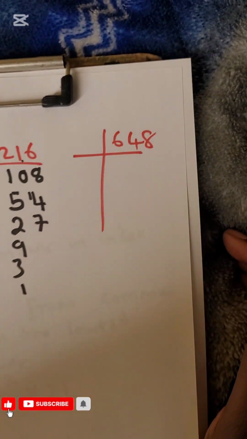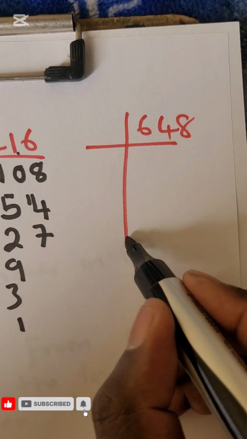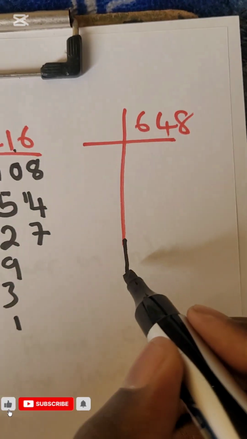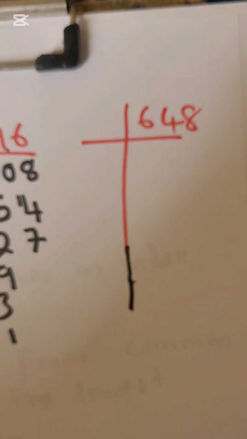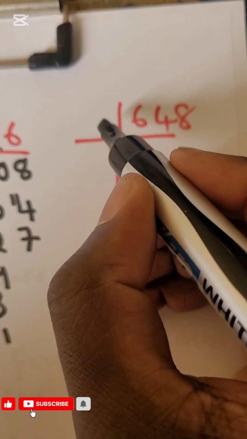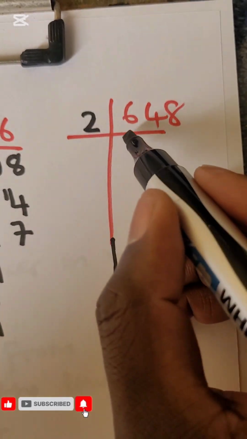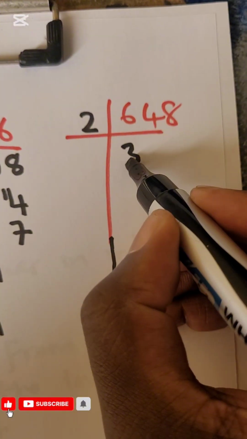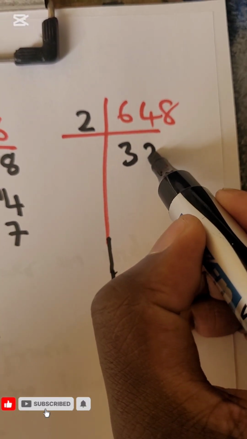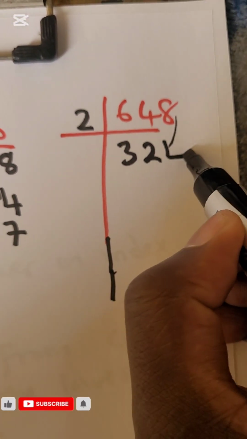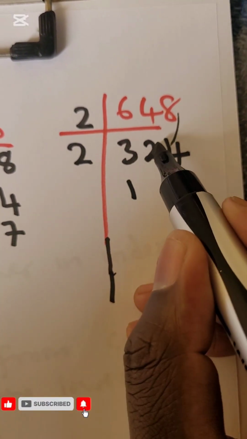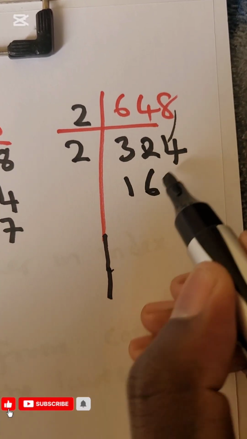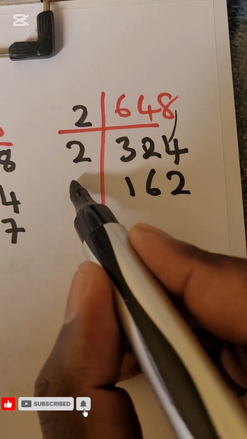Okay, let's now express 648 as a product of its prime factors. We can take 2 into 6, that's 3, into 4, that's 2, into 8, that's 4. 2 can still get in. 2 into 3, that's 1, remainder 1, into 12, that's 6. Into 4, that's 2.